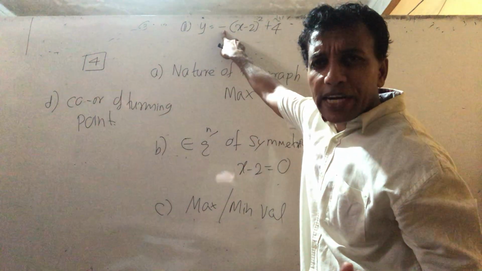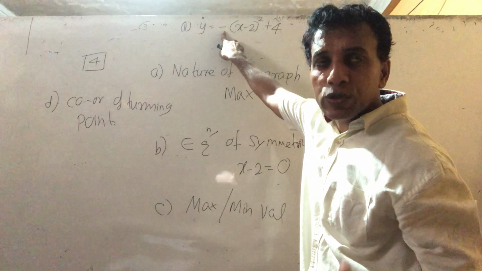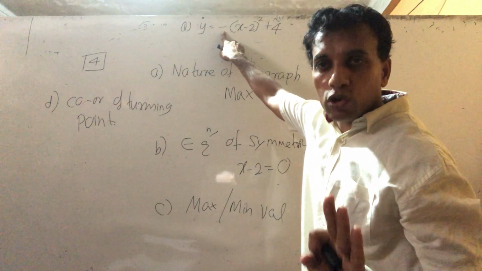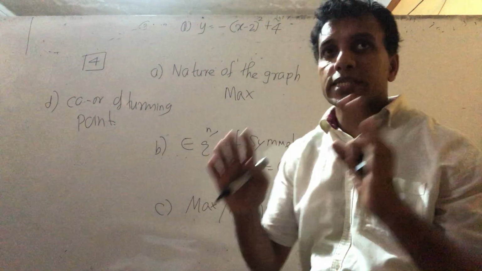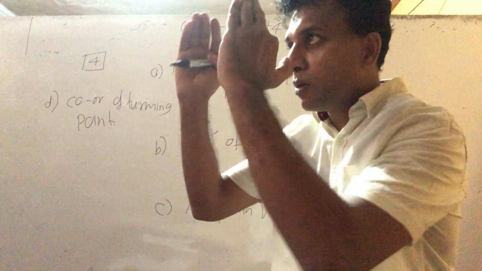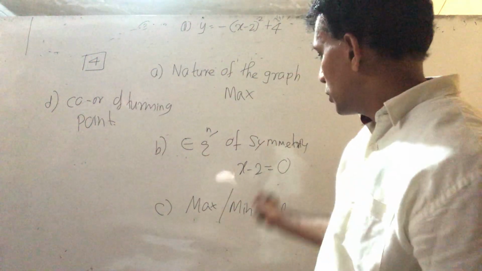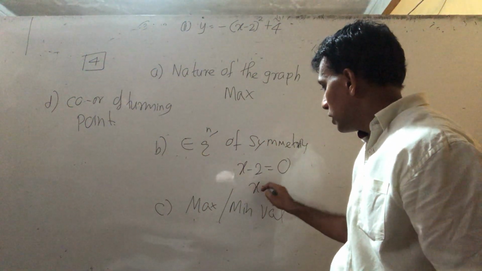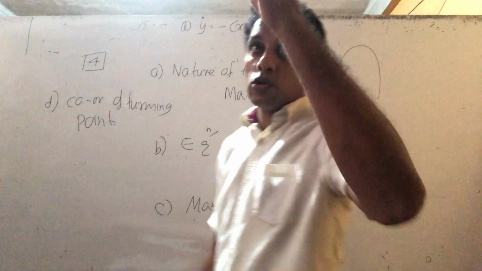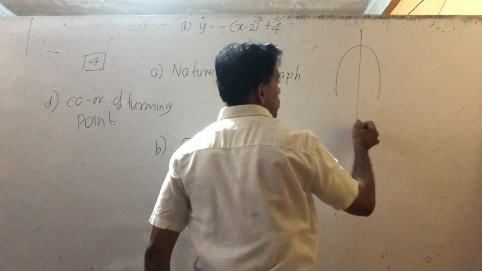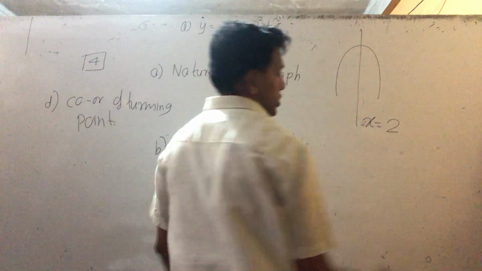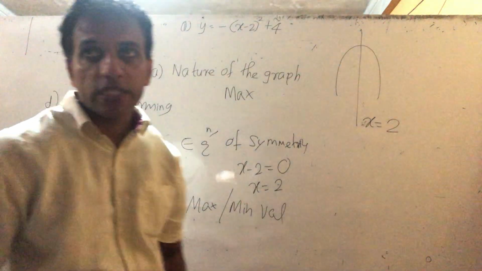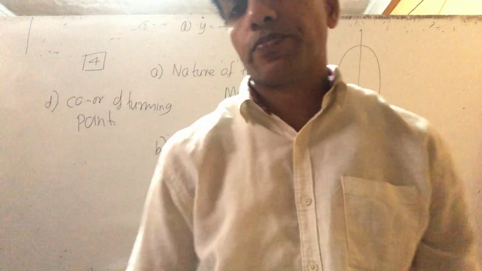Don't bother about the negative symbol; what the negative says is that the graph is maximum only. When they ask you to write the symmetric axis equation, putting the bracket to 0 is enough. So x equals plus 2. If you draw, you can see that x equals 2 is the symmetric axis equation.